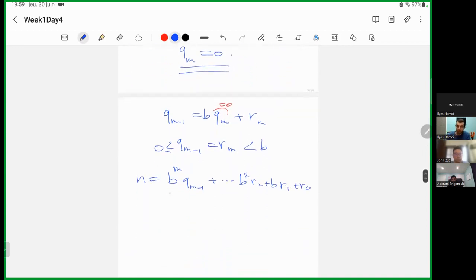But this time here, actually I have found the good expression. Why? Because Qm minus 1 is equal to Rm. And of course, Rm is such as the others, an element which is between 0 and B. And this is why at some point, when the quotient is 0, we are done.